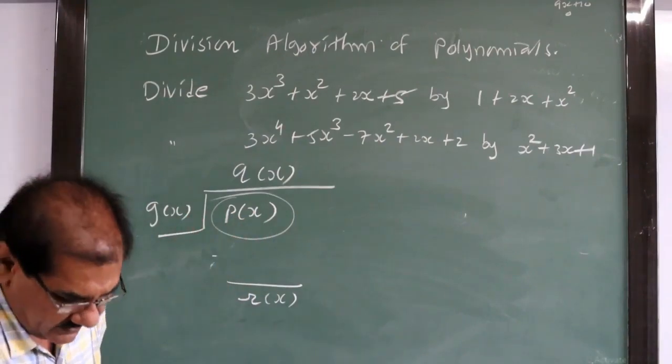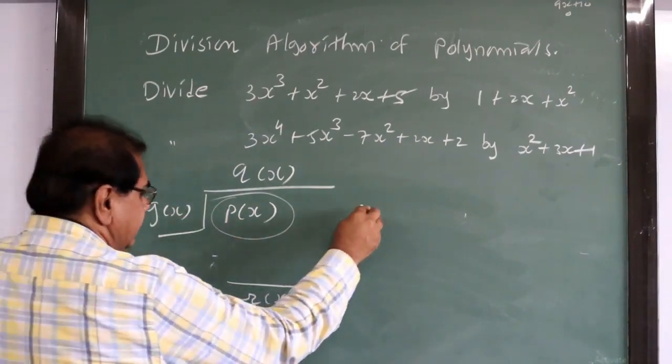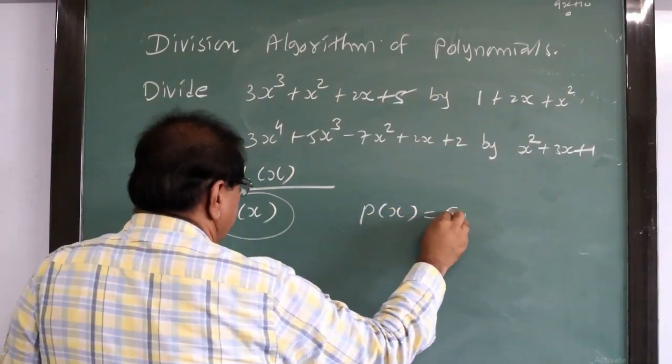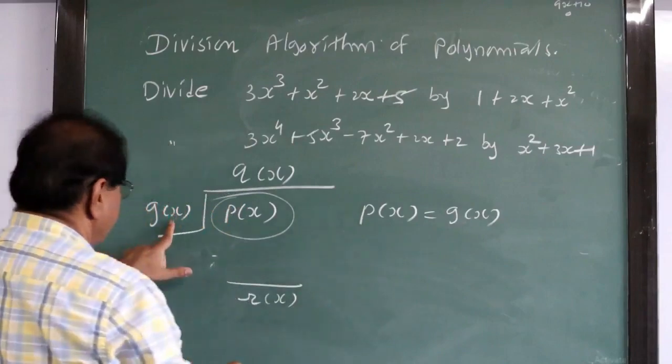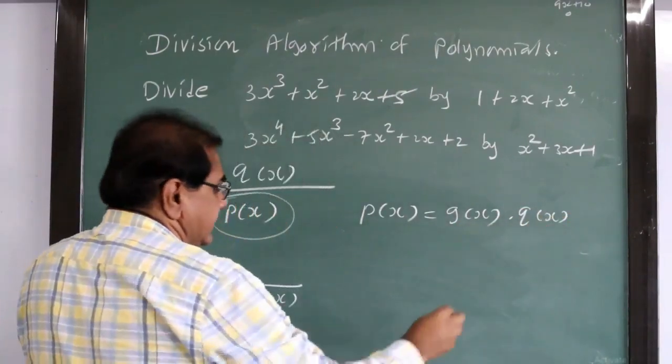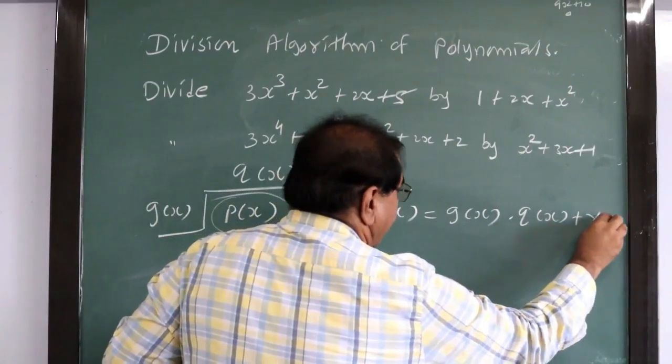Okay? So what equation do we get here? p of x is equal to g of x multiplied by q of x plus r of x.